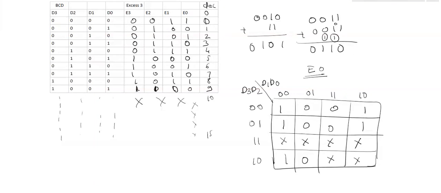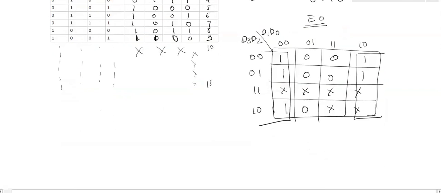Now here, if I consider these don't cares as 1, then I can make an octet here, these 4s and these 4s. This will be my one octet. And my expression for this octet, what will the expression be?